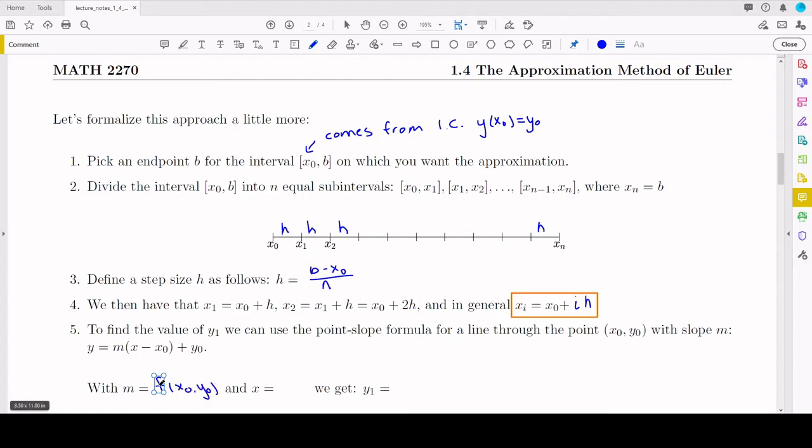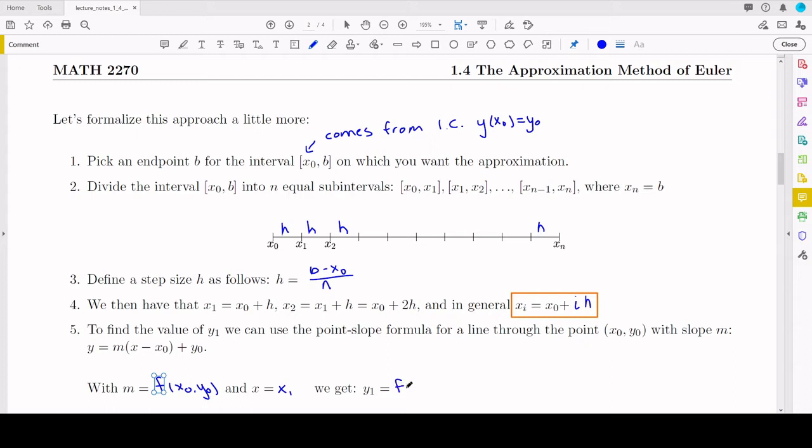That's our initial condition, and we start there. dy dx is equal to that, and that's the slope of the tangent line. Now, for this line to figure out what y1 is, we need to plug in x1 for x.